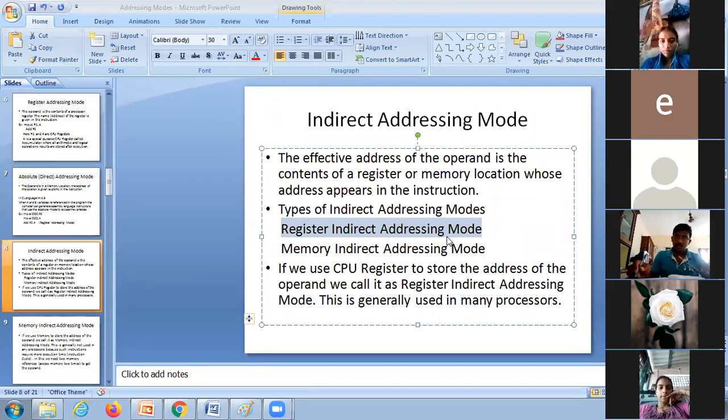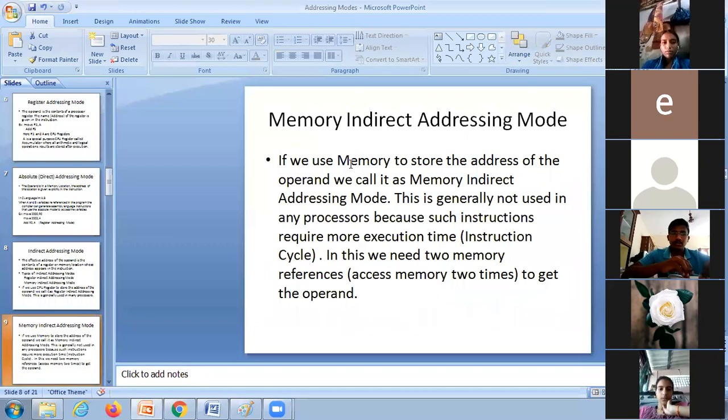So memory indirect addressing mode is not used in most of the processors. Only register indirect addressing mode is used in the majority of processors, almost all. Is it clear? Then here you see another one is memory indirect addressing mode.